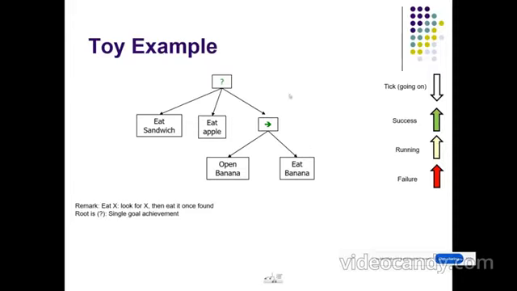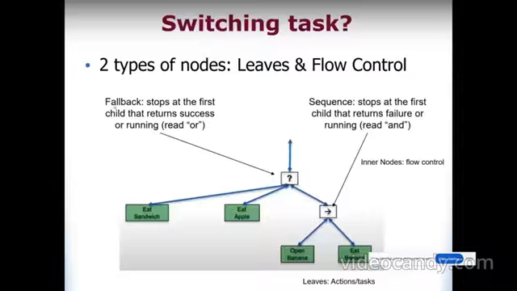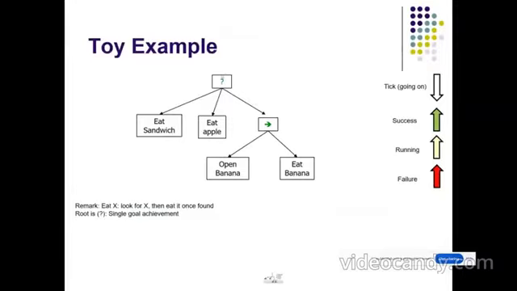So this tree, you can think of it as a tree that has a root with OR. Question mark indicates fallback, and arrow indicates sequence. So the fallback means if one of these activities is successful, there's no need to continue to the next one.